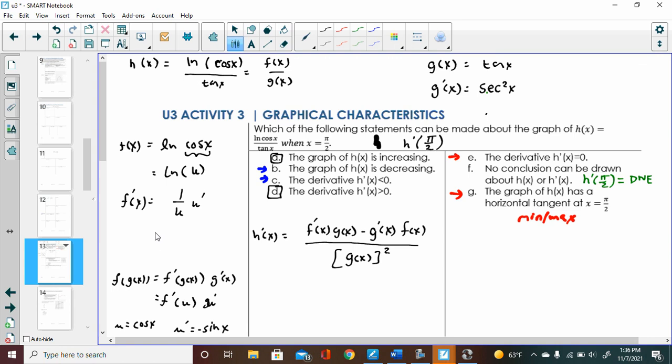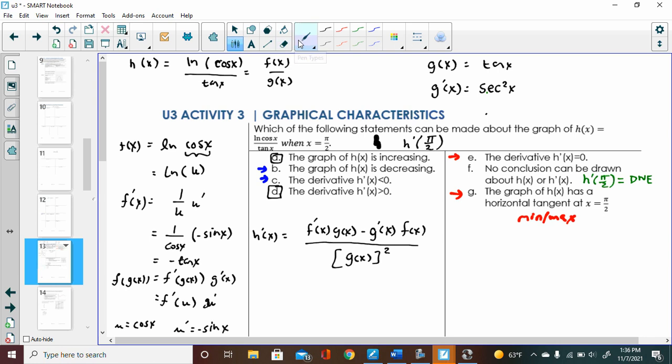So I'm going to put this stuff together. That's going to be 1 over cosine of x times negative sine x. And I think this is negative tangent of x. Yeah, it says tangent of x. It's a fairly long problem, but we have what we need.